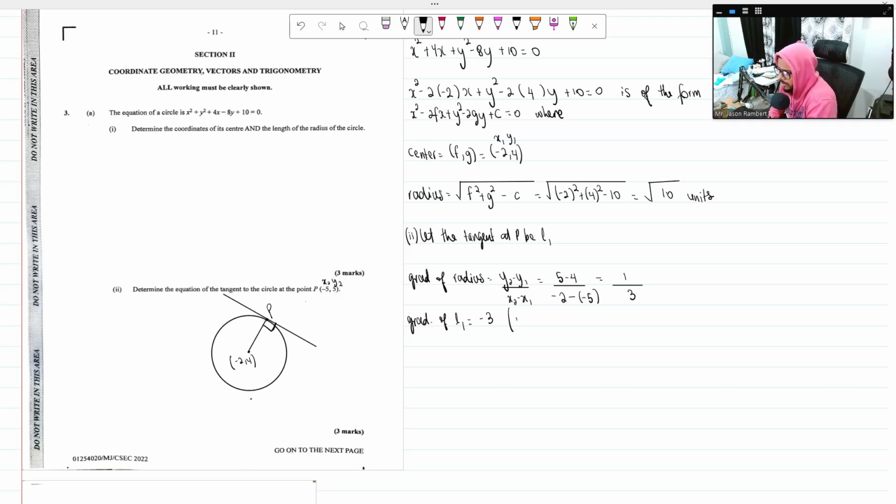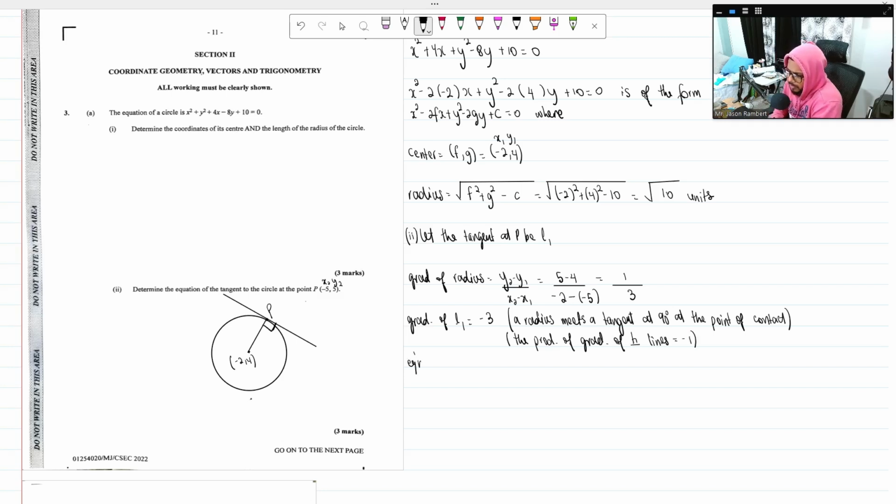The first reason is a radius meets a tangent at 90 degrees at the point of contact. Also, the product of gradients of perpendicular lines is equal to minus 1.